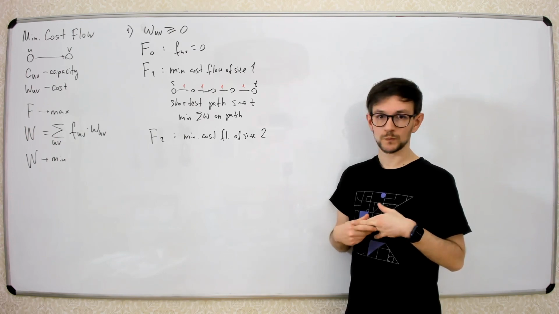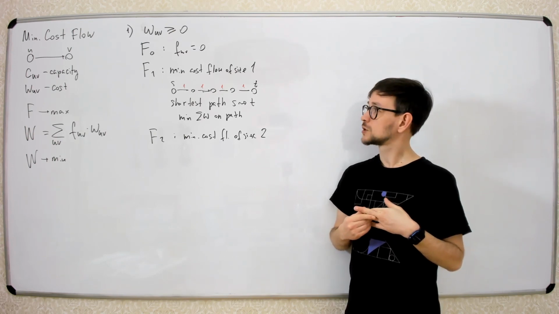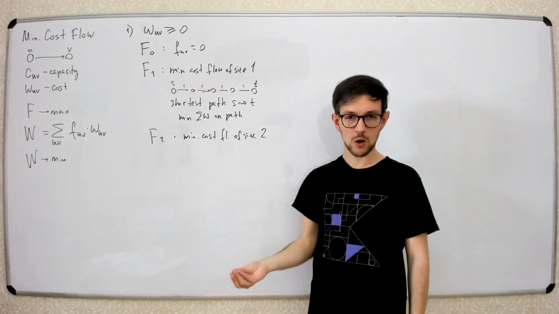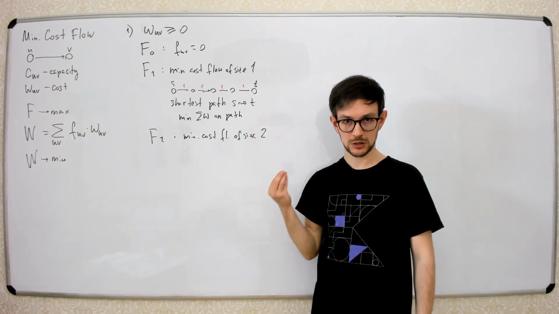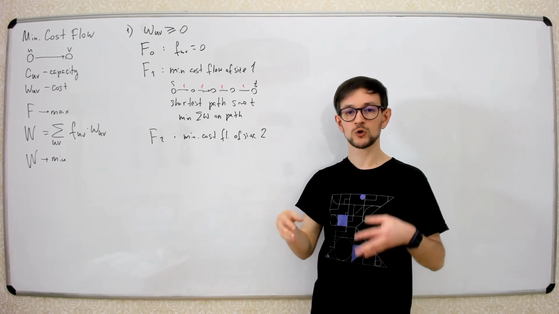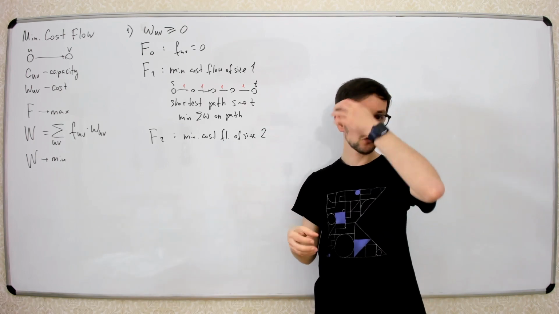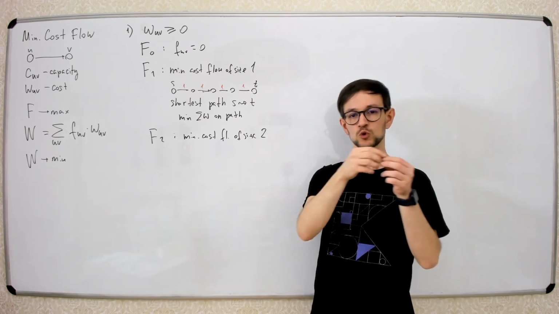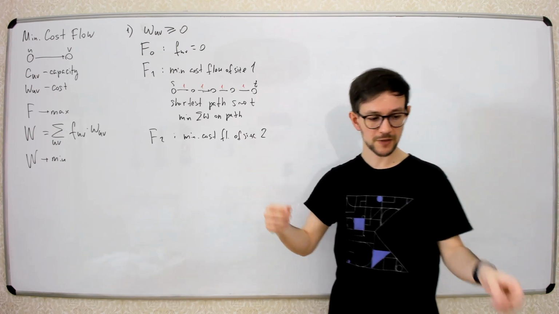Again, what we need to do is to take the flow of size 1 and then add one more augmenting path to this flow, right? So if we want to increase the flow by 1, we just need to find some augmenting path and then apply it. Just push one unit of liquid through this augmenting path.